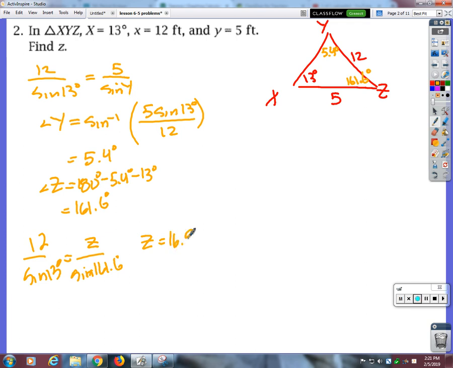Okay. Do you feel like that was right, Will or Erica? Yeah? 16.8. Okay, that's no big deal, right? For side Z, did you get 161.6 degrees?